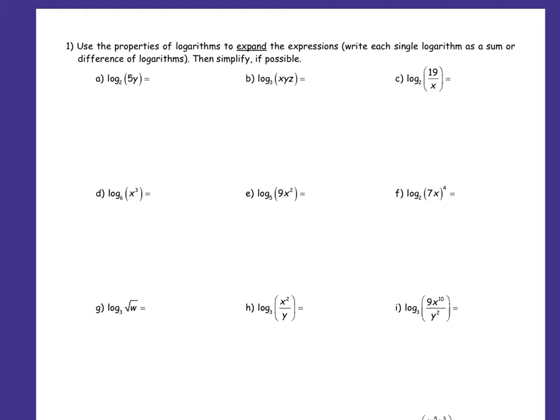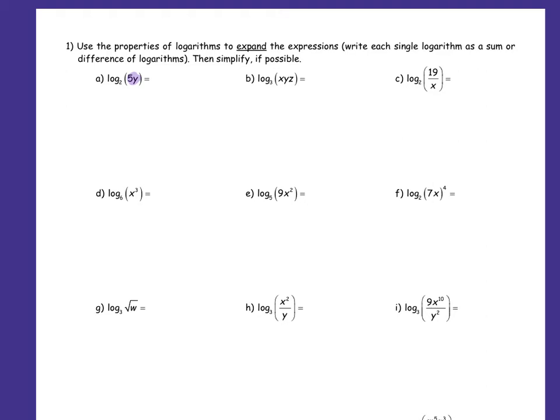Okay. So I'm going to look at it. I'm going to say, is it multiplication, division, power? What do I need to do? So on A, it is only multiplication, right? So I'm going to rewrite this as a sum.